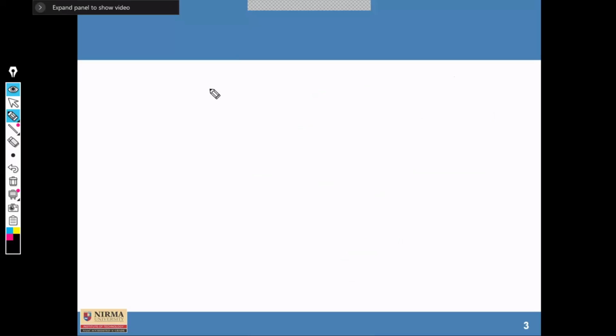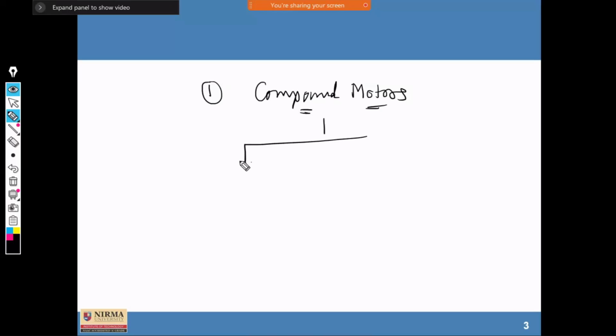Compound motors are hybrid motors, where we can have long shunt and short shunt compound motors.